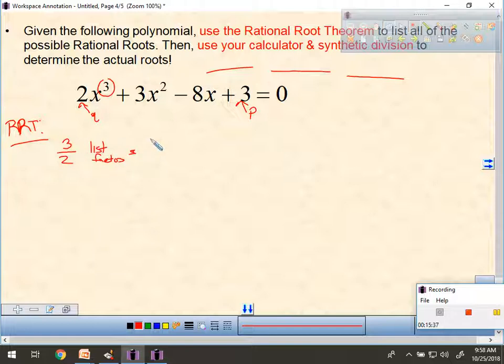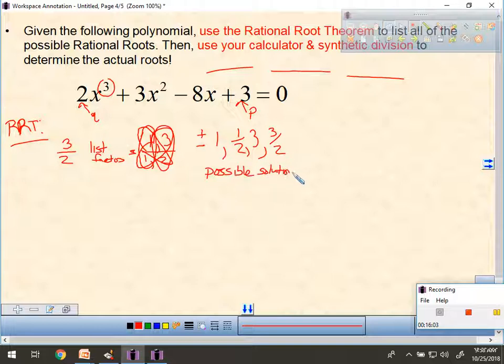Factors of 3 are 1 and 3. Factors of 2 are 1 and 2. And then you do your combination. So you're going to have 1 over 1, which is 1, 1 over 2, which is 1/2, 3 over 1, which is 3, and 3 over 2, which is 3/2. And then just tack on a plus or minus. So that's my list of possible solutions.